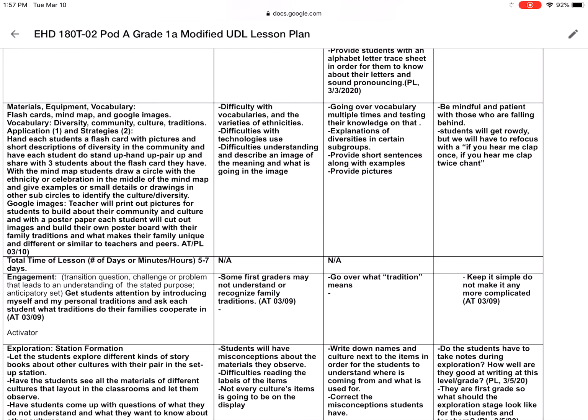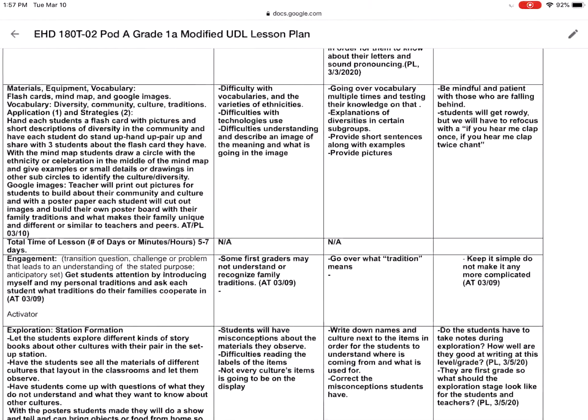For the flashcards, we will hand each student a flashcard with a picture on one side, and on the other side a short description about the picture. The picture would be of diversity in our community, or a family tradition in a certain culture, and some celebrations that some cultures might celebrate.